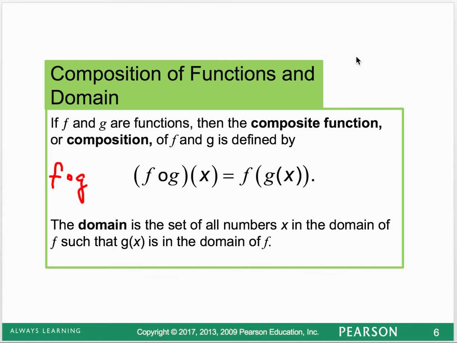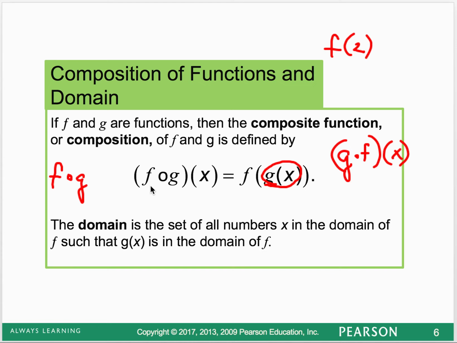Remember our notation f of 2 just means to take a 2 and plug it everywhere there's an x. So f of g of x means take this function and plug it everywhere there's an x. And then we also have g of f of x. Two different things, right? So we've got to pay attention to our order. This one we're plugging f into g. This one we're plugging g into f.